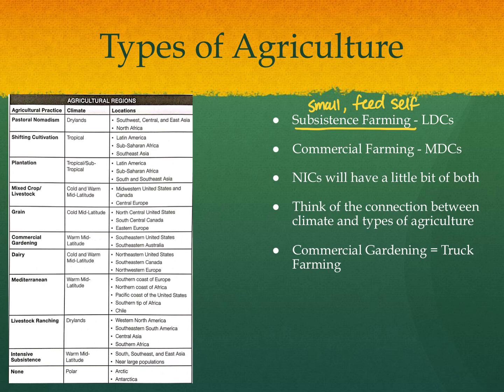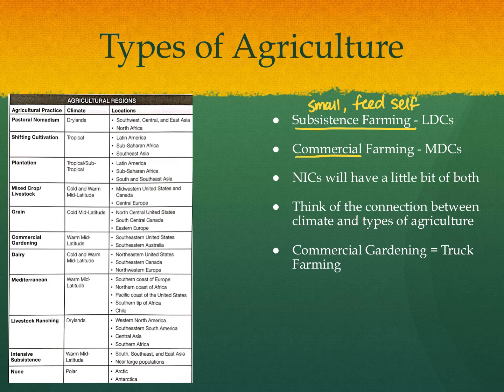Put that however you need to on your slide, but you're really just providing or making food for yourself, for your family, maybe your community or village around you, but it's fairly small scale, okay? So you don't really have the technology or the fertilizers or the pesticides or those things. You're really just doing it for yourself, so it's small scale, and a lot of times this is happening in LDCs.